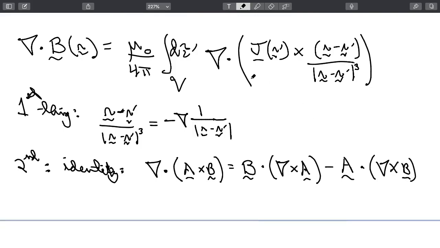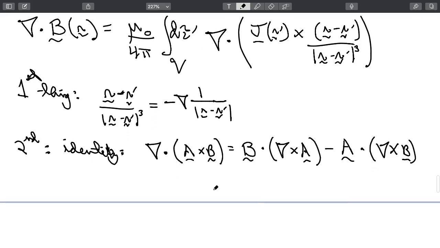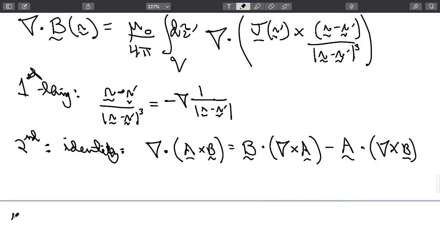We're going to plug this into this equation here, where I'll consider this to be A, and I'll consider this, minus the gradient, to be the B. So let me try to write it here. The divergence of J of R prime cross (R minus R prime) divided by |R minus R prime| cubed.